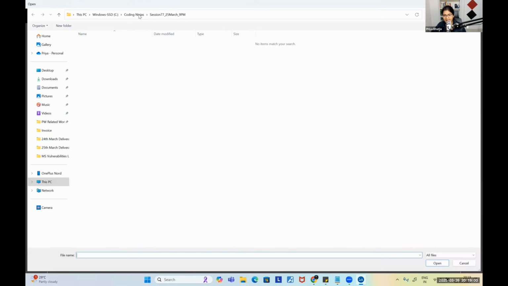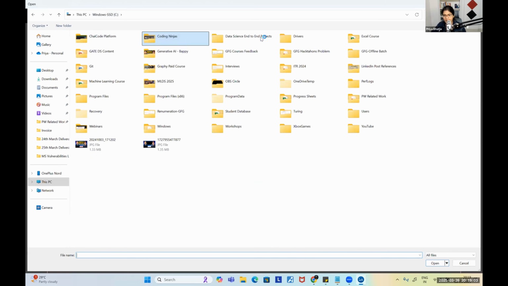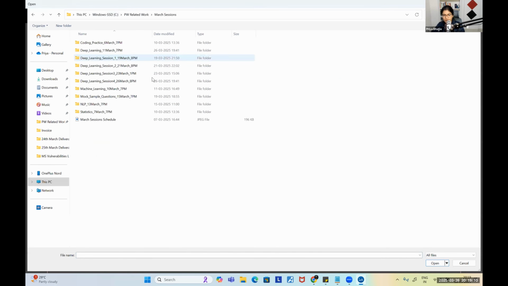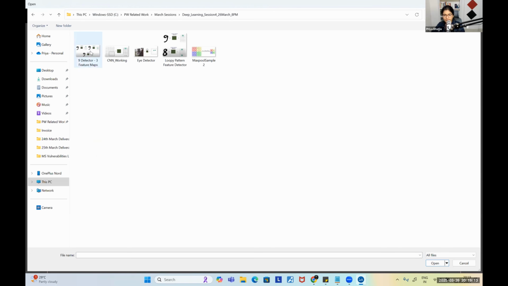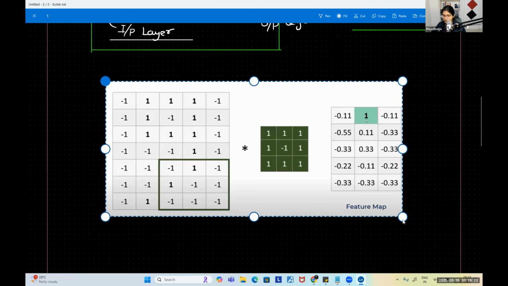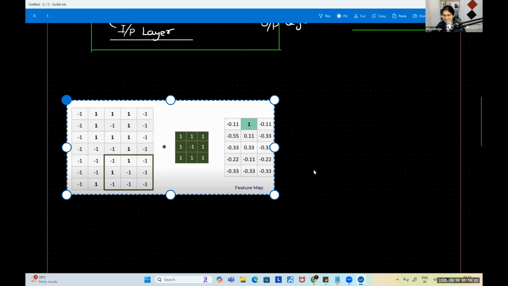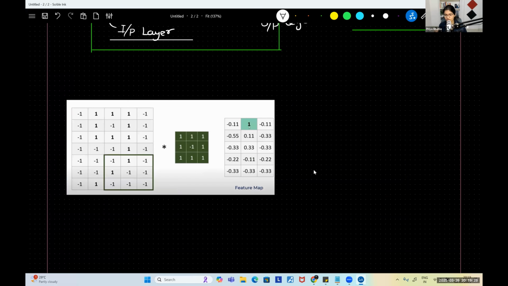I have captured the image of MNIST data, and we will try to understand how this specific CNN, this convolutional neural network, will work to detect the image, maybe to classify that this image belongs to 9, right?